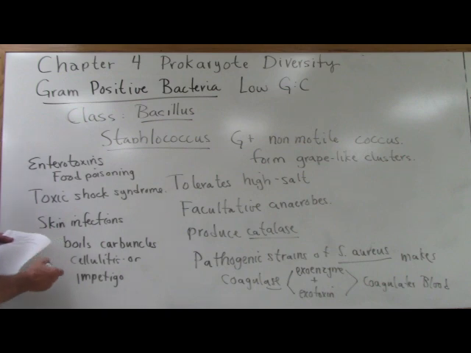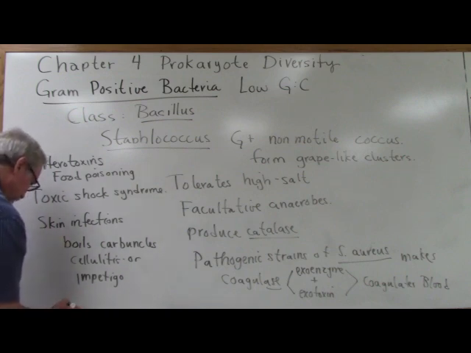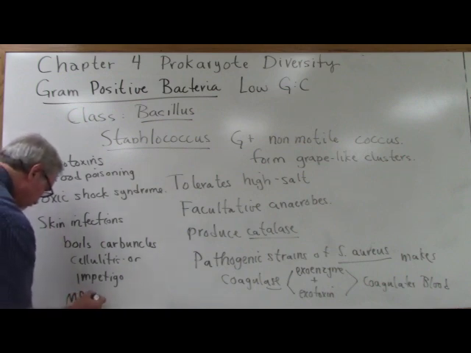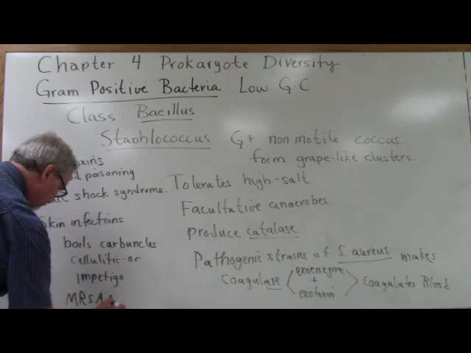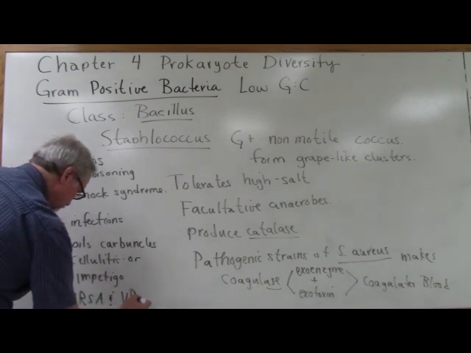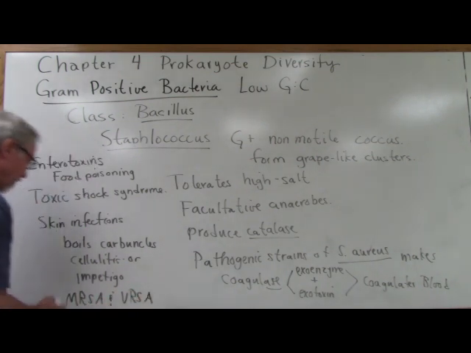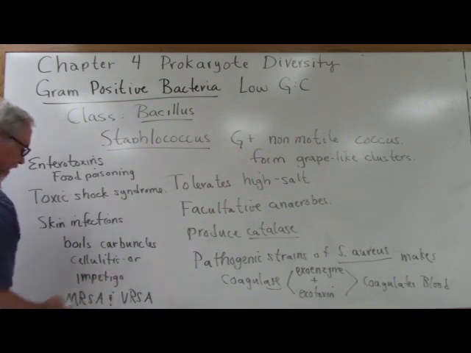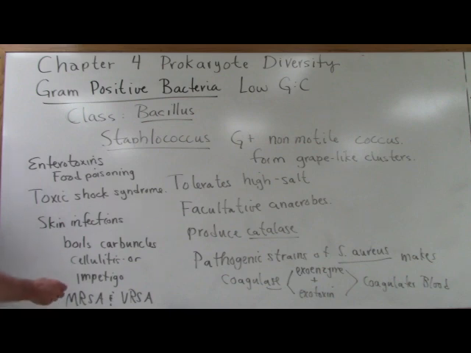And I've already mentioned MRSA and VRSA. So these are very highly resistant strains of Staphylococcus aureus. The M is, I believe, methicillin, and the V I know is vancomycin.